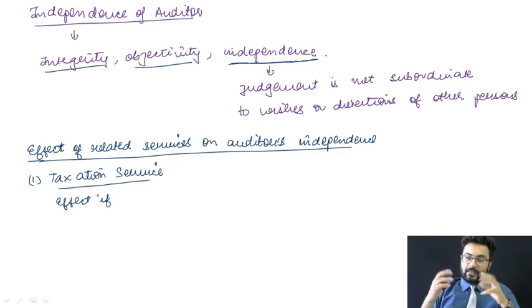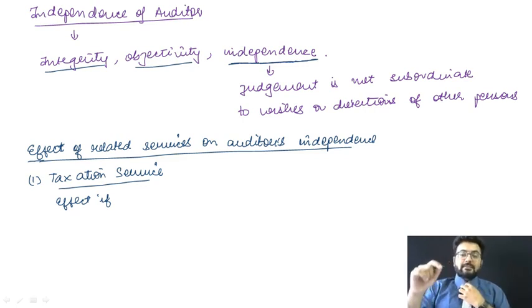Are you getting my point? My client is the company, then it's good. No issues. There will be nothing which is going to affect my independence. The company is saying you are doing auditing for us, why don't you do tax computation as well? Okay, I'll do that. If in case a director comes to me, he says you are going to handle my individual tax, that means his tax computation is required to be done at my end again.